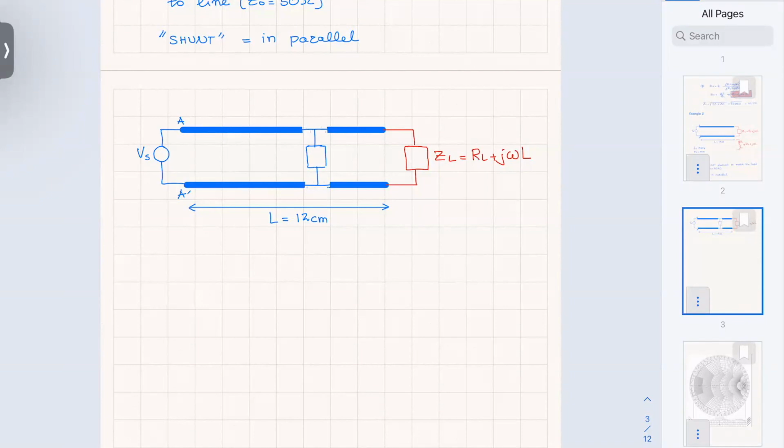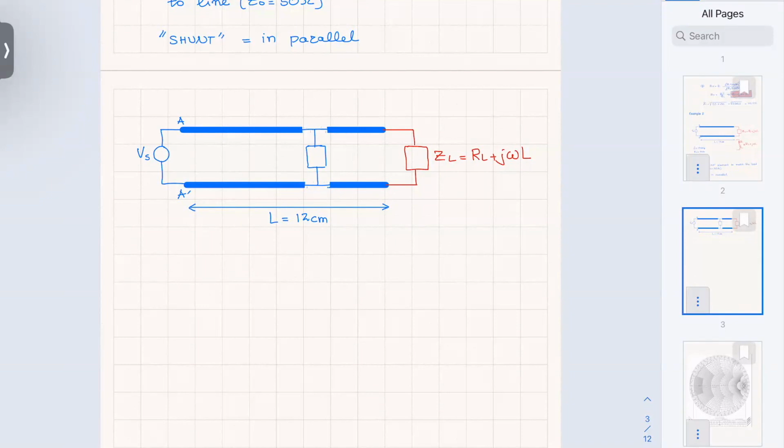A couple of things: I know this element is reactive. Why is that? Because if I were to put a resistor in there, I would lose power. So resistors are forbidden from using them for matching. So we know it's going to be reactive.